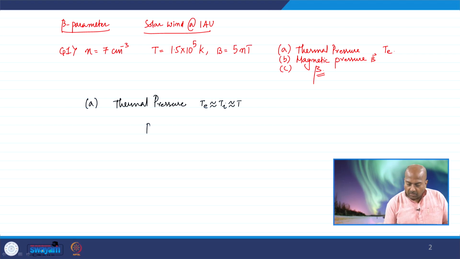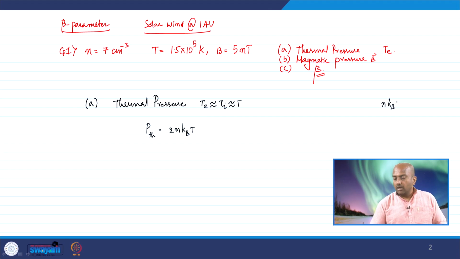So, P_TH thermal pressure is equal to 2 N kB T. How did I get this factor of 2? We have talked about it. We can use N kB (T_E plus T_I). We say that T_E is equal to T_I, then say it is equal to T. So, that is one, we get an additional factor of 2.